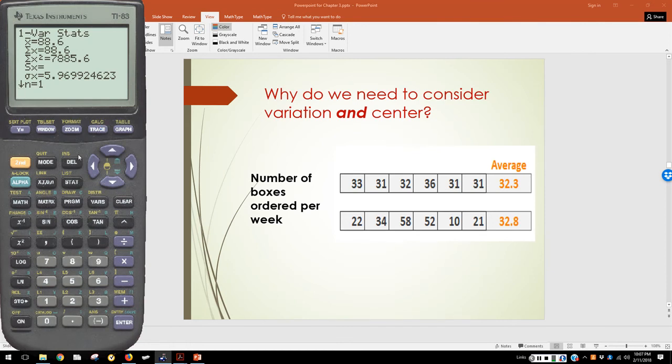So we're going to find the variation of both managers, and we're going to use the calculator.